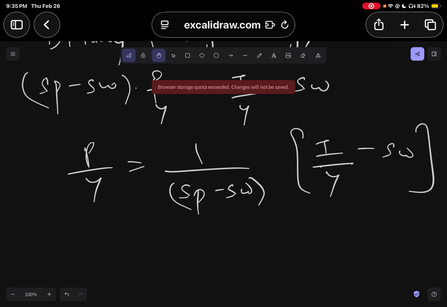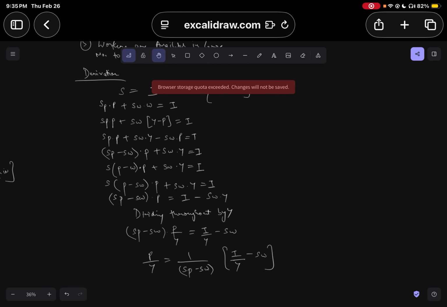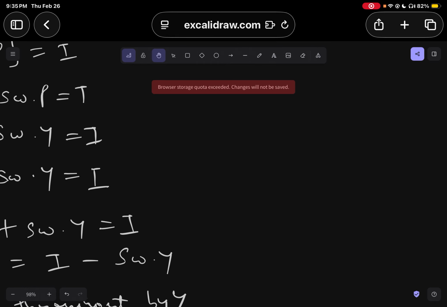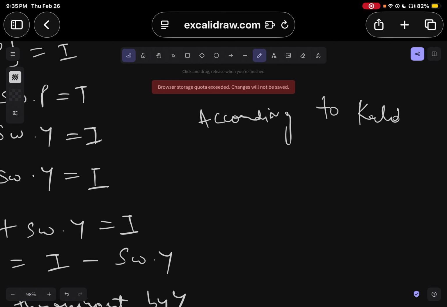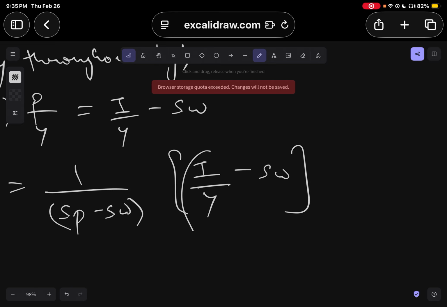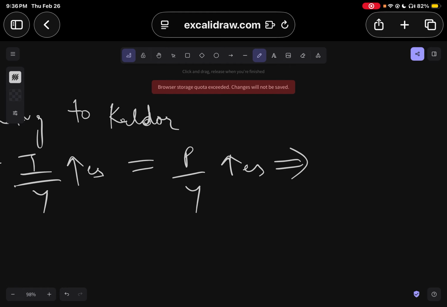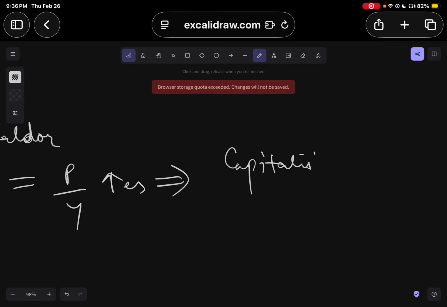So according to Kaldor, if I upon Y, this part of the equation, increases, then P upon Y will also increase, implying capitalist has incentive to keep investing.